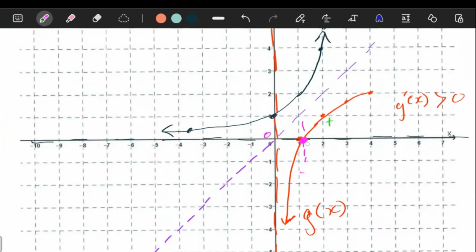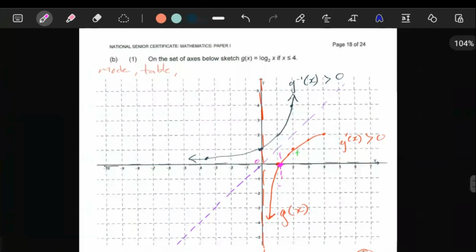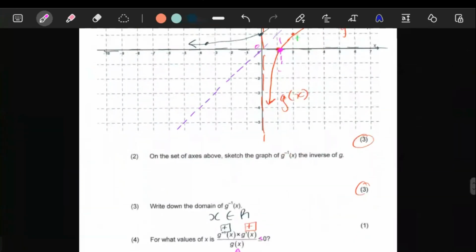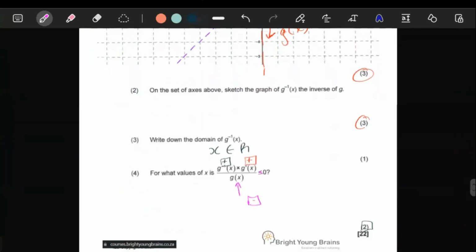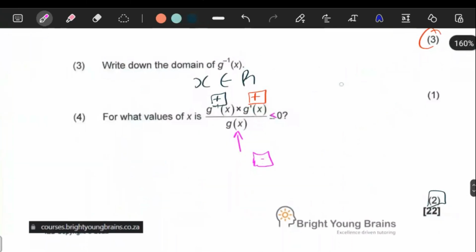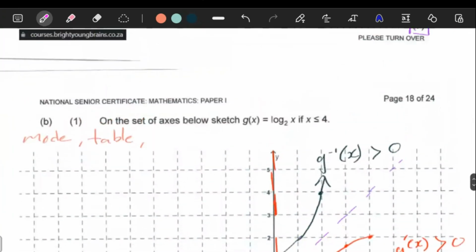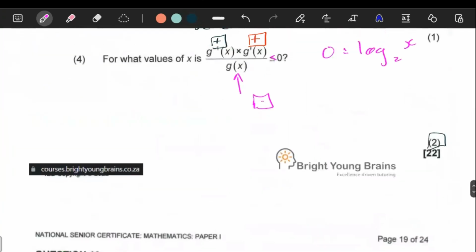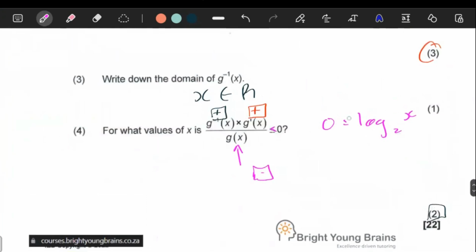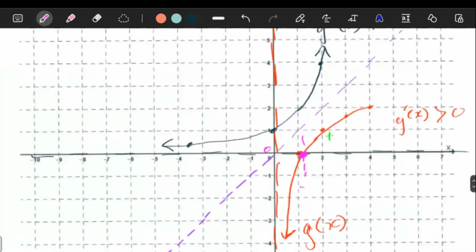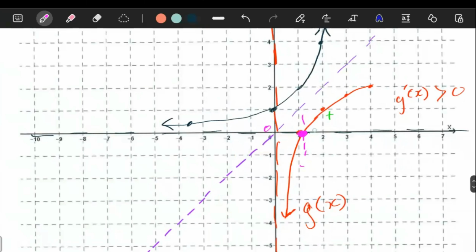So we need to find what this x value is, which is just making this equation equal to 0. So the equation of g, let's make it equal to 0. 0 is equal to log 2 with x there. And then you have here a base and an exponent and then the x. So x is just a 1. This is just not to scale, but we're almost there.